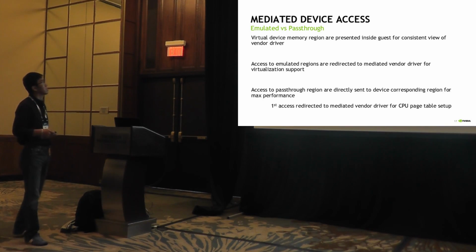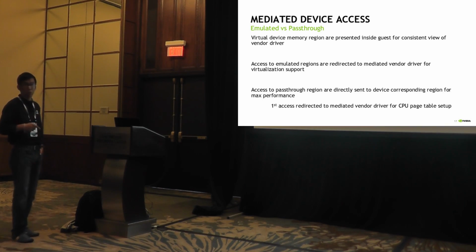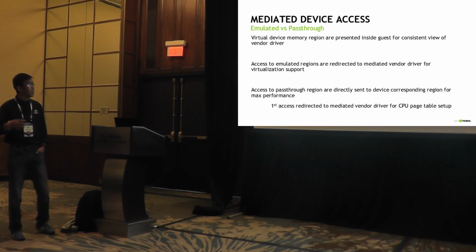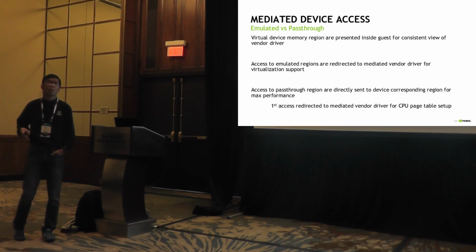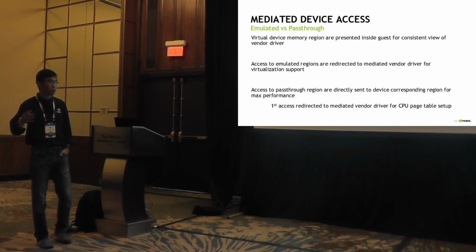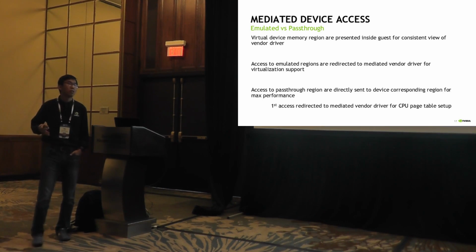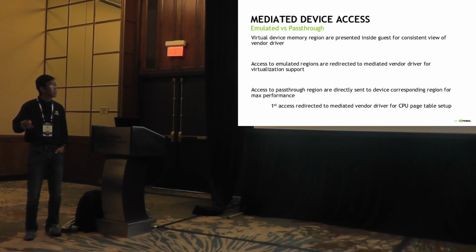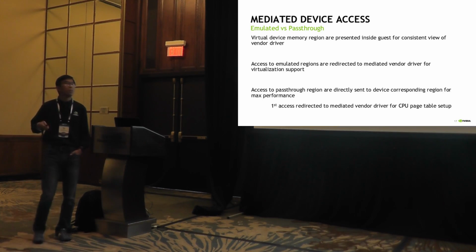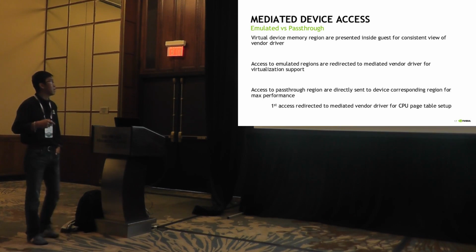Another thing is emulated versus pass-through. This is not something we have added here. It's already provided with the existing VFIO interface. When you declare your region or memory mapped IO region, if you don't set any special flag, you will get the emulated type. If you set it as mmap, you get what we can call pass-through.